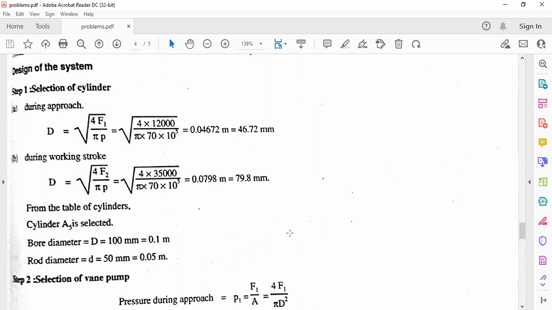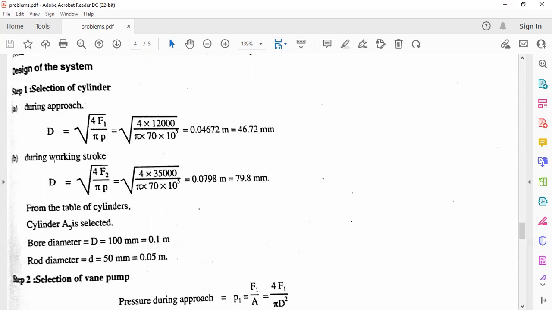First, during approach, D equals under root of 4F1 upon pi P, equals 4 into 12,000 upon pi into 70 into 10 raised to 5, equals 0.0467 meter, equals 46.72 mm.